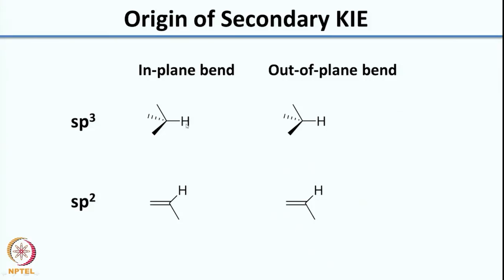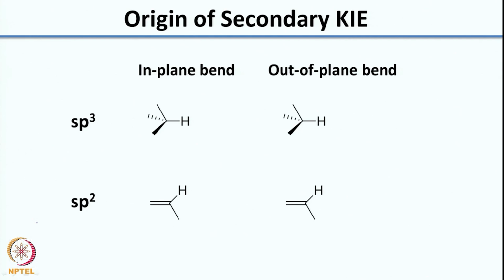So, what you see is there are different types of vibrations possible both for sp3 as well as sp2. In the case of sp3, there are two types of bending vibrations that are shown. One is an in plane bend and one is an out of plane bend. Similarly for sp2, so if I draw arrows to show it.